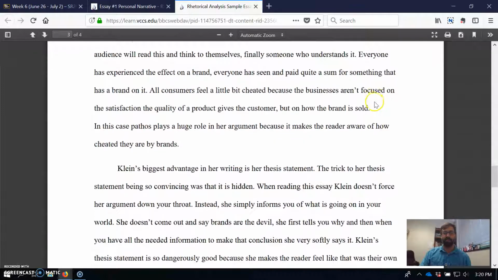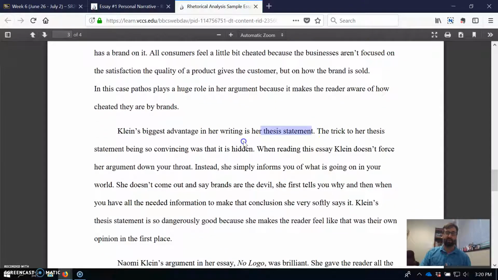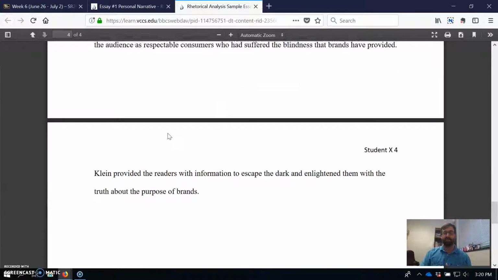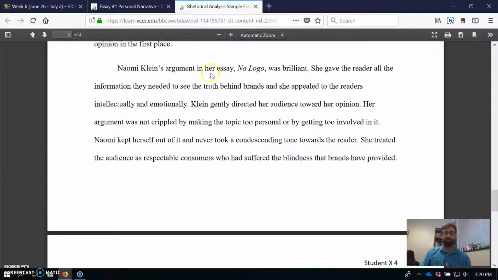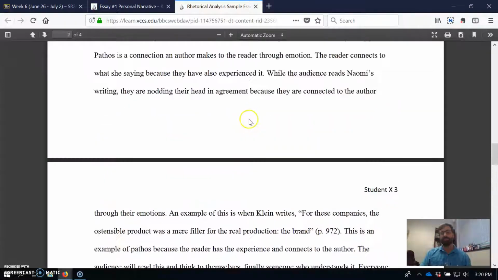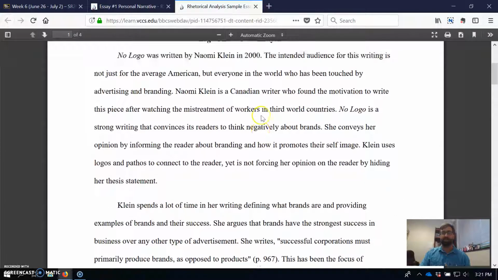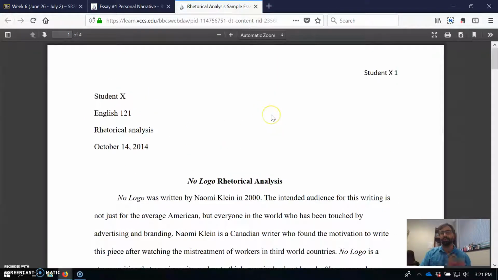This one is about pathos. This one is about kind of where her thesis statement is. And then the essay wraps up with its conclusion saying, you know, the argument is brilliant, so obviously they think it's convincing. But this is a really well-structured rhetorical analysis, and this should give you some ideas of what you want to shoot for in your own rhetorical analysis.